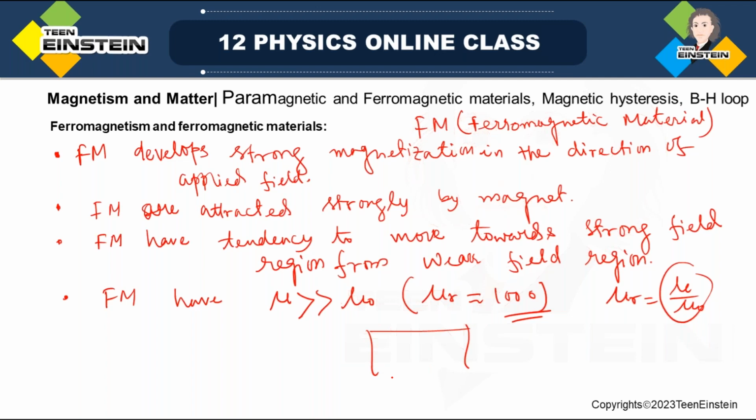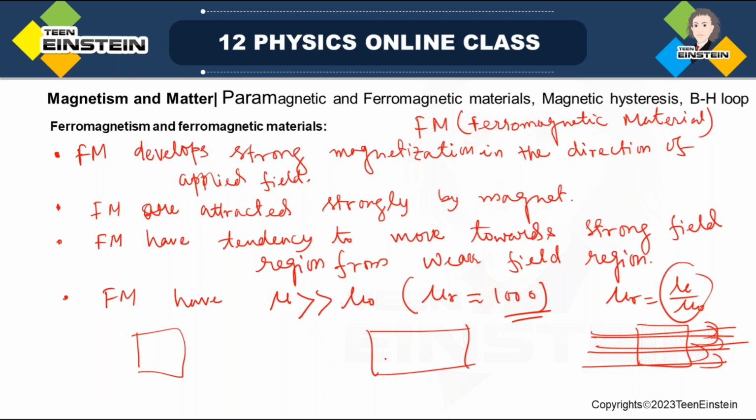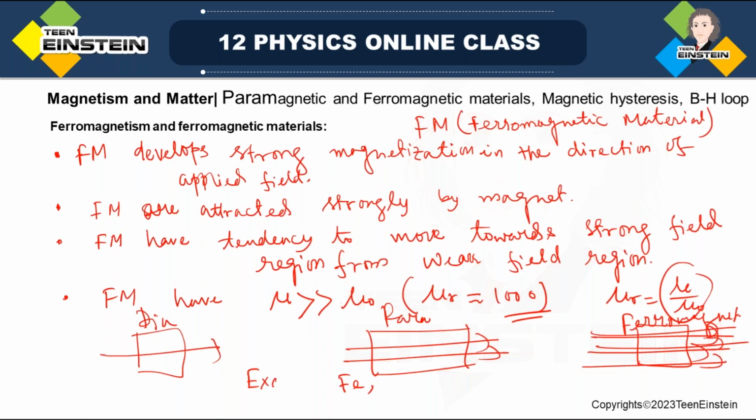That means if you keep three materials, this is dia, this is para, this is ferro, the ferro will allow more magnetic field lines to pass through it, while the others allow hardly any.